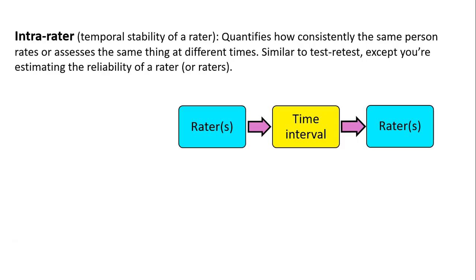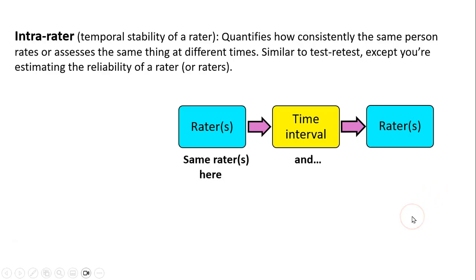So you would have raters rate some type of phenomenon, some kind of behavior, and then there would be a time interval, and then the raters would rate the same thing under the same conditions at a different time point.